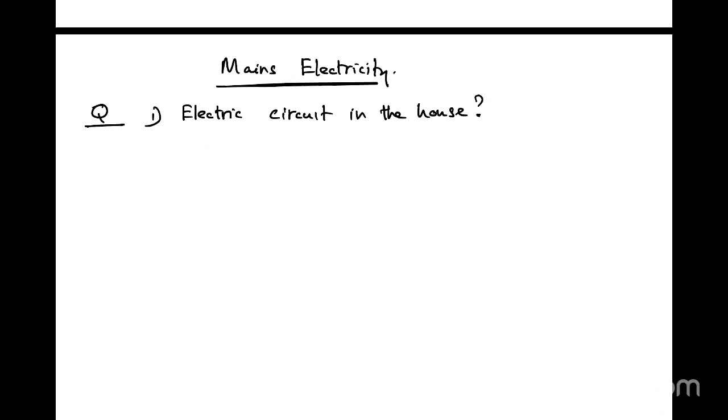The next one, the most important one, is the standard colors that we are using in wires, right? Colors in wires. Try to remember them. If you are using a green wire, green mixed with yellow or something like that, then that is the earth wire.